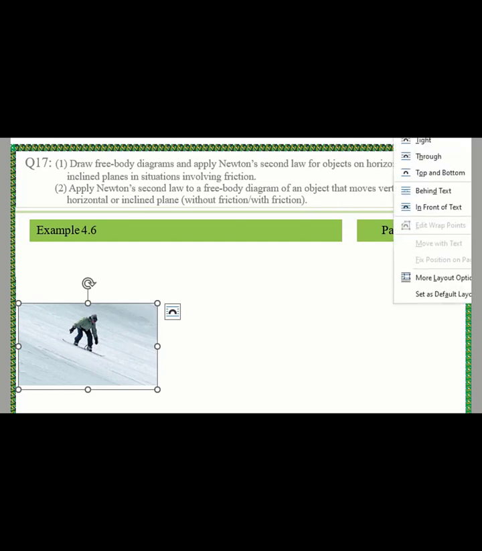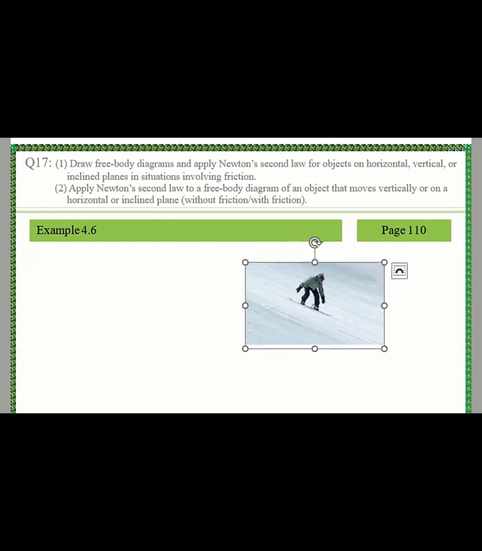Now for this question, it is a repeated question. We solved it before, you remember the skiing one. So you can go back and see. We need to draw the free body diagram. This is the incline. This angle is given.